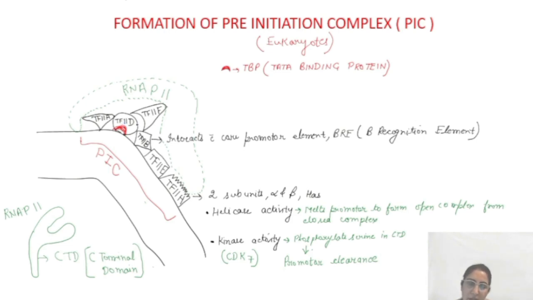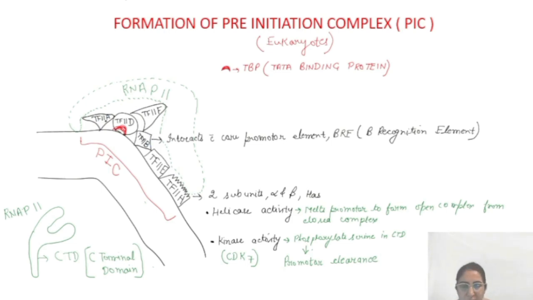After that, either transcription factor 2B comes and after that transcription factor 2A can come, or it can be the other way around. First transcription factor 2A can come, then transcription factor 2B can come.